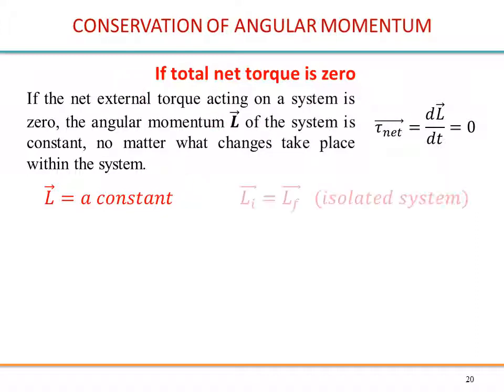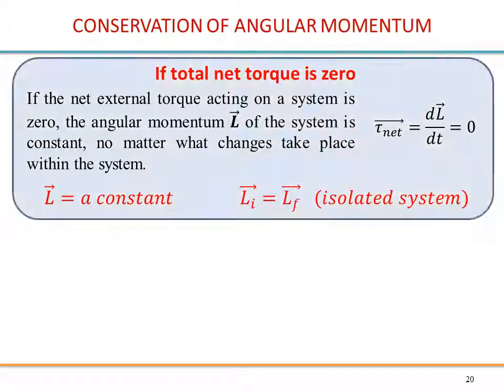This is very powerful, because if you have an isolated system which evolves from an initial state, here i, to a final state, and the torque is 0, you know that these two are equal. So you can compute L in the initial state and L in the final state and solve for whatever you need to find.